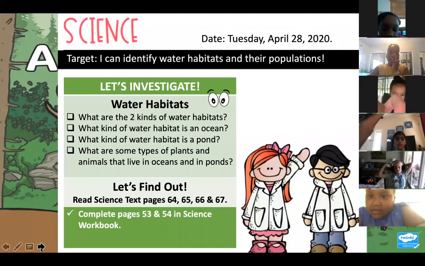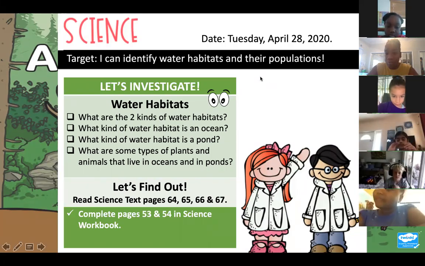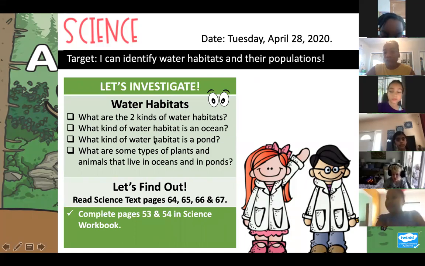Okay, let's look quickly at science. So this week for science, you're going to be identifying water habitats and their population. Today you're going to read about what are the two kinds of water habitats. What kind of water habitat is an ocean? What kind of water habitat is a pond?